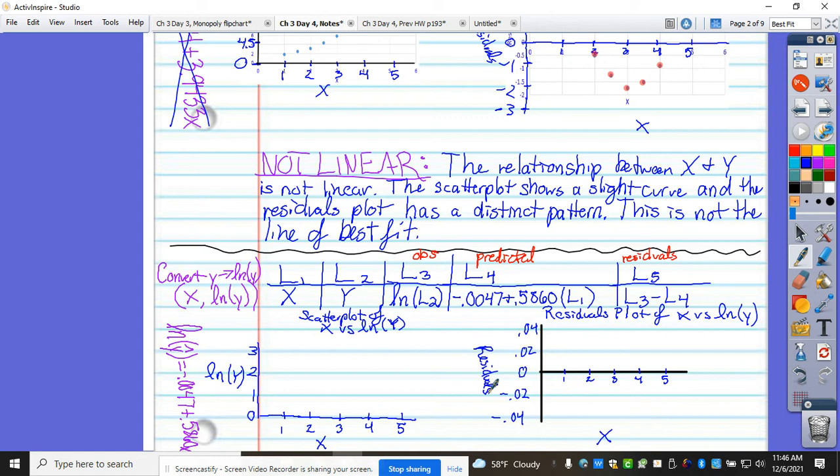You can't get your what? So I just deleted it. So we would do L1 and L5. L1, yeah. So your residuals plot will be L1 versus L5 this time. I just deleted it. You know what?